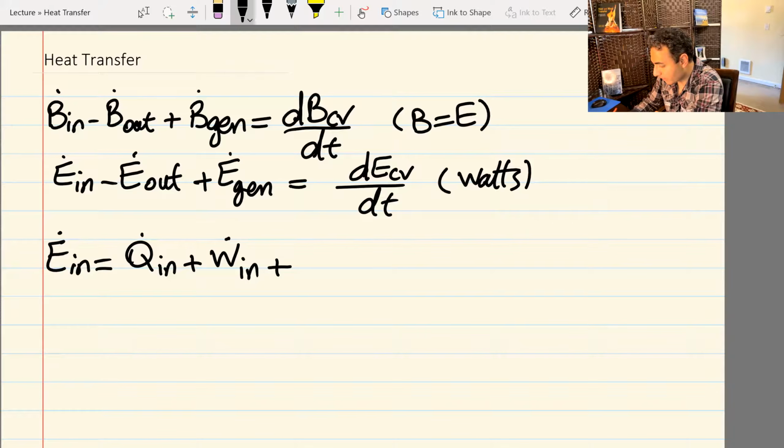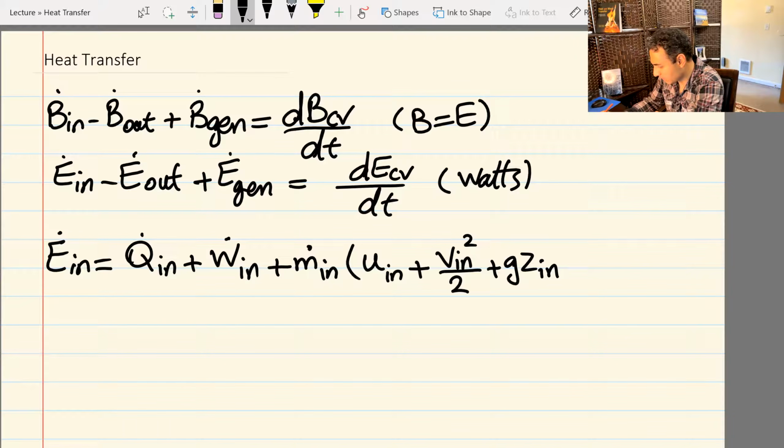Oh, I can have m dot in times the internal energy in, times the kinetic energy in, which is V in squared over 2, times the g z in, plus one more term that we call the flow work.